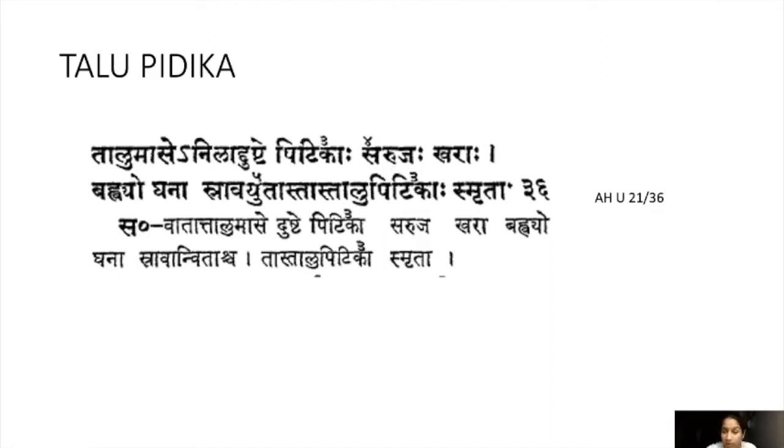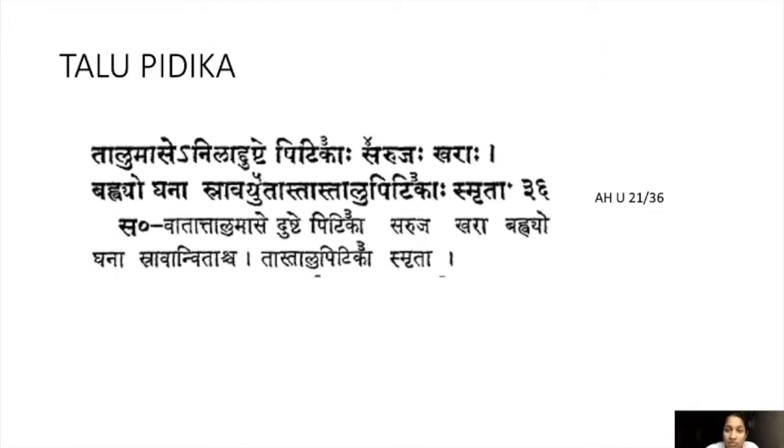Khara, that will be rough. Bahwayo, so there is more in number, multiple pidikas can be seen. Ghana, it will be thick. And sravayuda, there will be srava, discharge coming out from these pidikas. Tas talu pidika smrutaha, that is known as Talu Pidika.